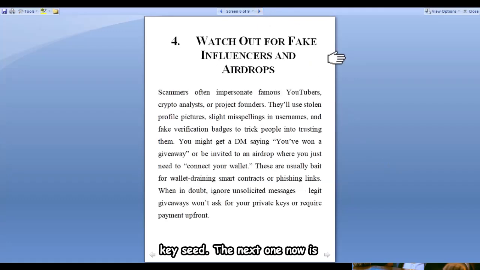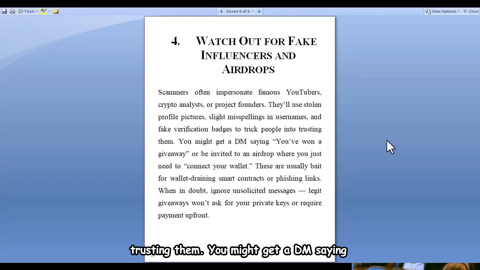The next one now is, watch out for fake influencer airdrops. Scammers often impersonate famous YouTubers, crypto analysts, or project founders. They will use stolen profile pictures, slight misspellings in usernames, and fake verification badges to trick people into trusting them.